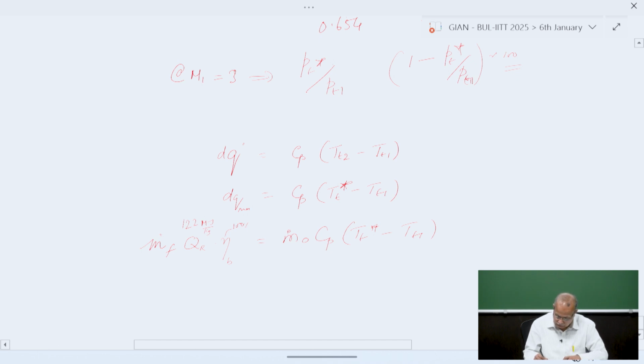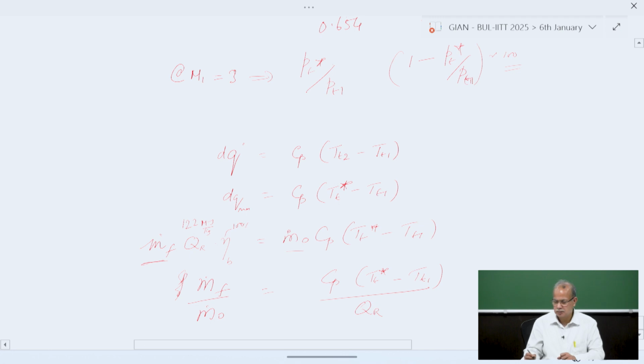Now from this you can rearrange this equation. You can write m dot f by m dot o. Rearranging, I'll get Cp Tt star minus Tt1 divided by heat of reaction, the calorific value of the fuel.